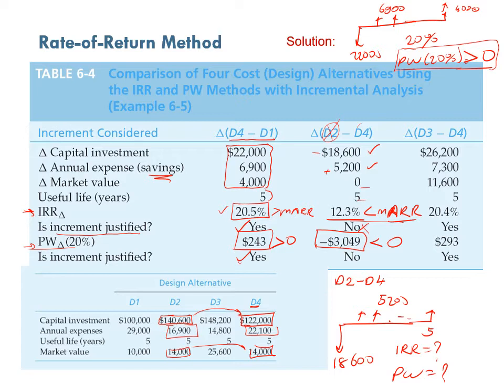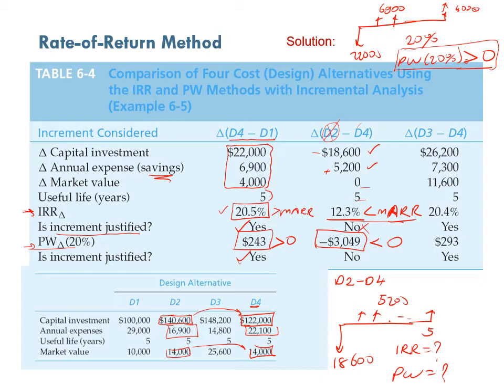So rate of return and the present worth provide the same result. Okay, so it means that if you use the incremental analysis procedure, the rate of return will give correct results consistent with the equivalent worth methods.